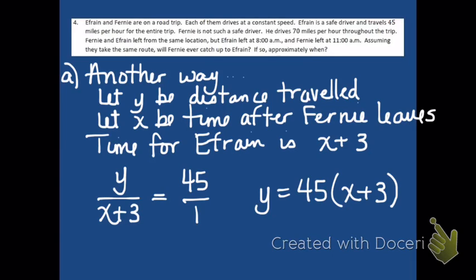Using the distributive property to multiply that 45 by the x and the 3, we get y equals 45x plus 135. So you can see his head start just by setting it up, thinking of the time being x plus 3. As you do these problems, do them however it makes sense to you, but always check your equation to make sure it makes sense within the problem.